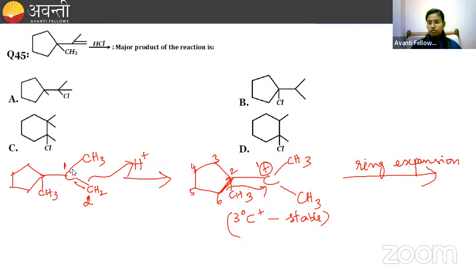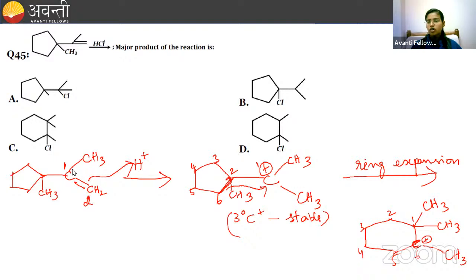So if I expand this, I will get a 6-membered ring with the 2 methyl groups here. And there is a carbon here and that carbon is having one CH3, a carbocation is formed at this carbon. So here this is carbon number 1, 2, 3, 4, 5 and 6.